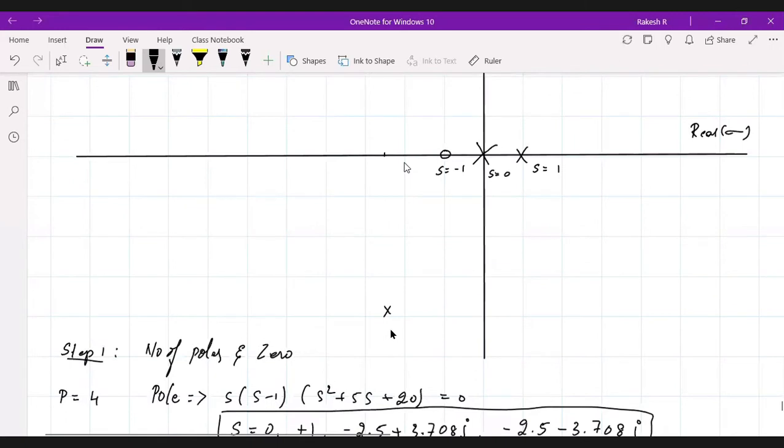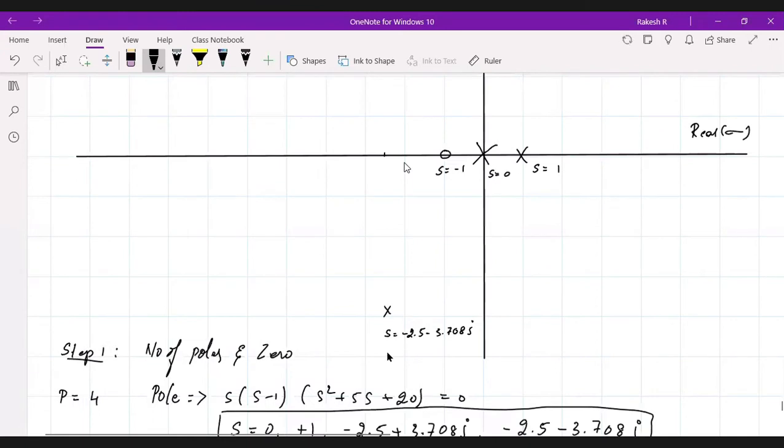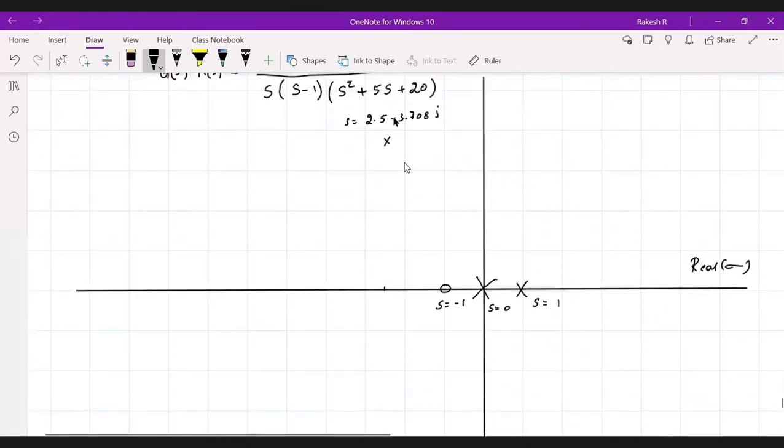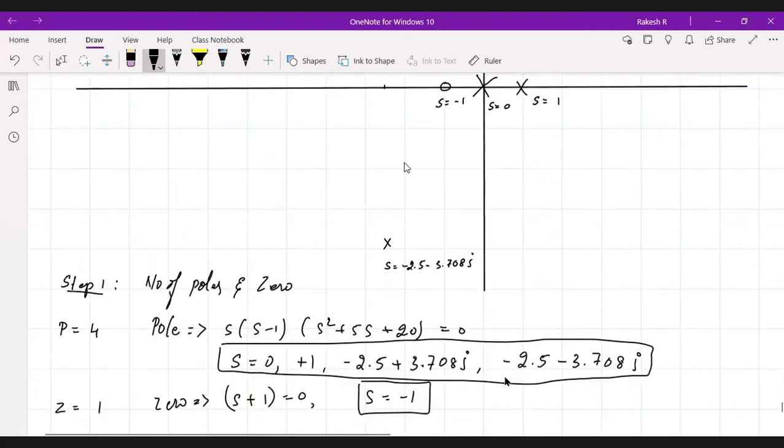Similarly here s is equals to minus 2.5 minus 3.708. Sir, upper one is plus 3.708. Yes, it is plus 3.708, correct. This is minus 2.5 plus 3.708, minus 2.5 minus 3.708, right?